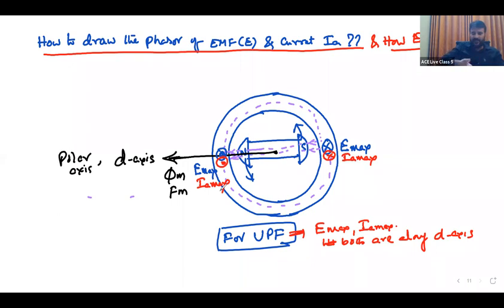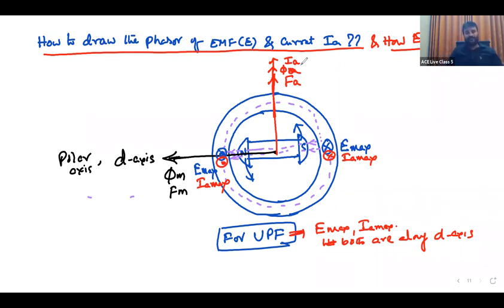This is the MMF due to armature flux, FEA, the armature MMF, phi A. When the MMF is in that direction, the current phasor is also there.